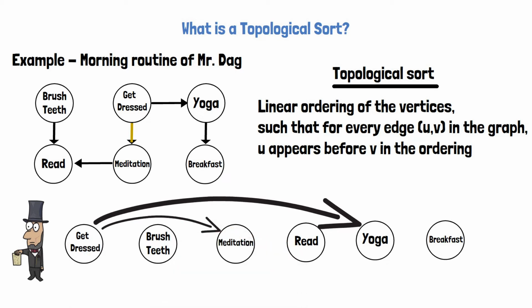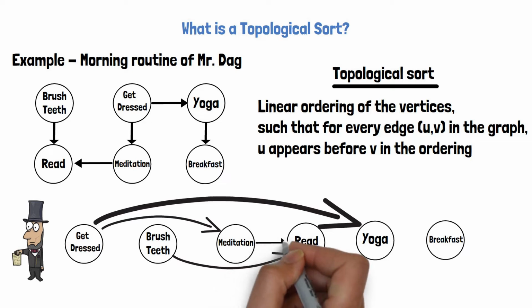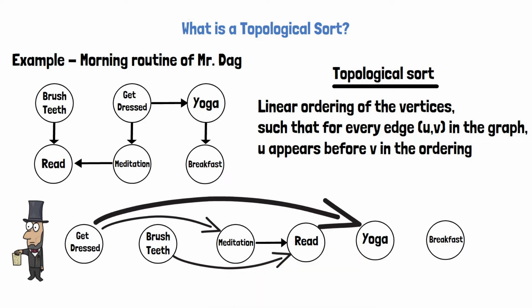In general, the ordering is a topological sort if all edges go from left to right. The edge from brush teeth to read is going from left to right, so it meets the criteria. And so are the edges from meditation to read and from yoga to breakfast. Therefore, it is a topological sort.